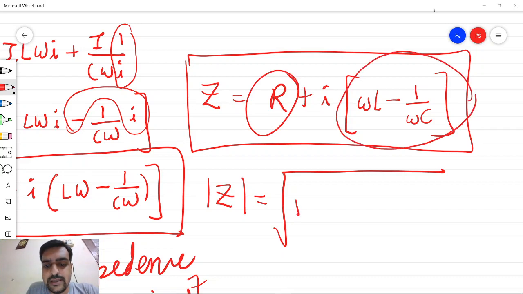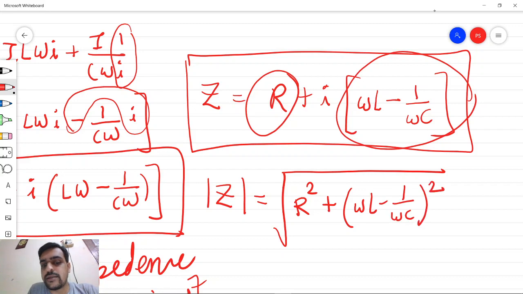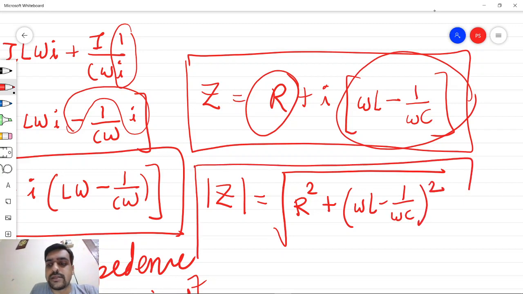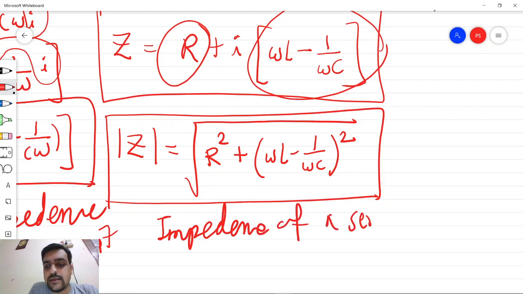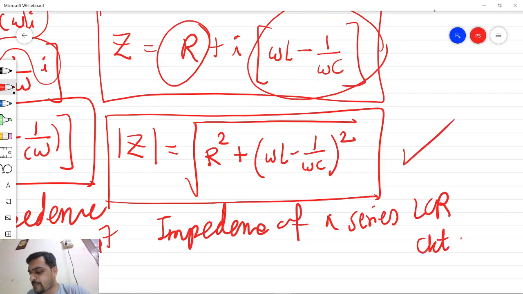So mod z is the root of r squared plus omega L minus 1 by omega c bracket squared. This gives us an expression for the modulus of total impedance of a series LCR circuit. Series LCR circuit.